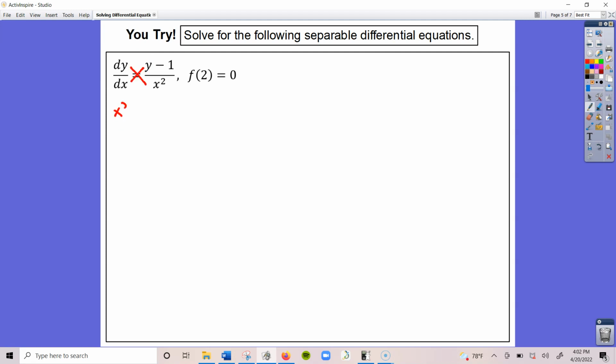We get here x squared dy is equal to y minus 1 dx. But my variables don't match here. So for both sides, I'm going to divide by x squared so I can put it with the dx. So I have dy is equal to y minus 1 dx over x squared. Then to remove this y minus 1, I can divide it.